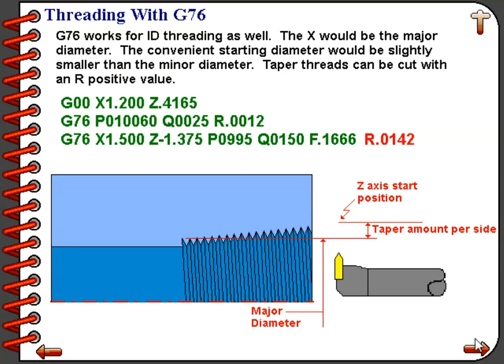Also, taper threads can be cut with an R, but this time we use a positive value instead of a negative value because we want the start point of the thread to be shifted larger in diameter. But the G76 cycle, as you can see in this example, works equally well for male threads as well as female threads.